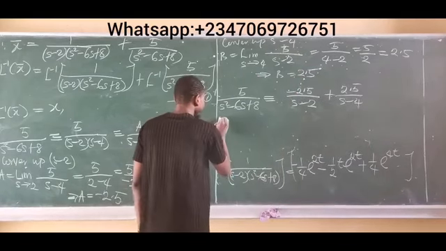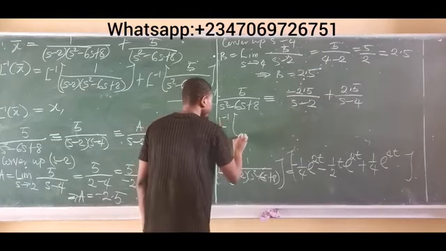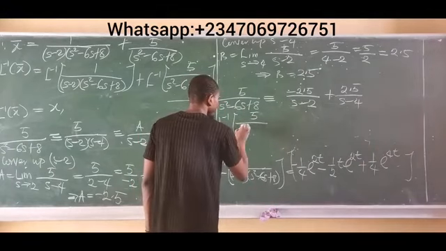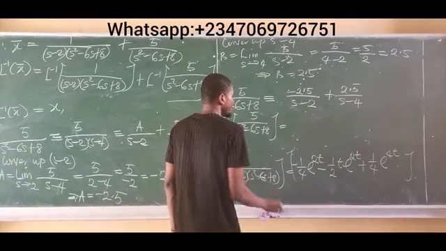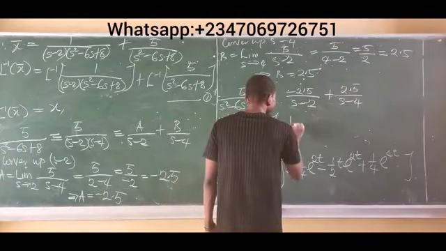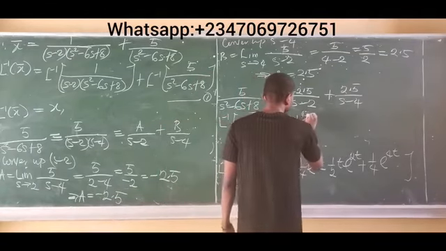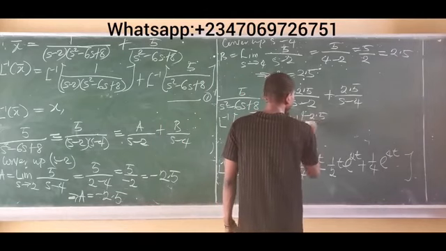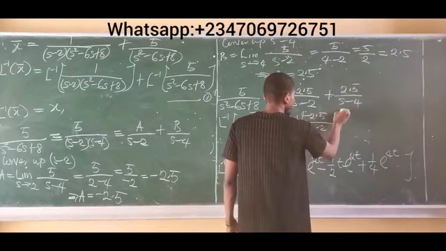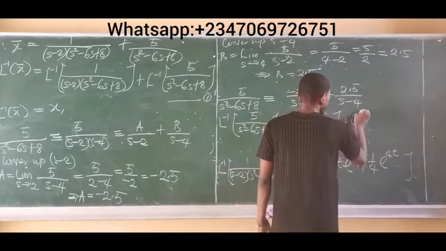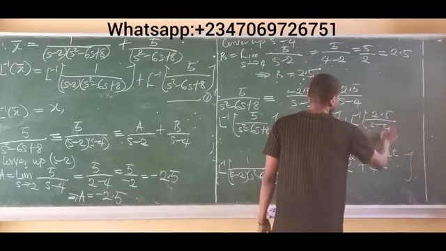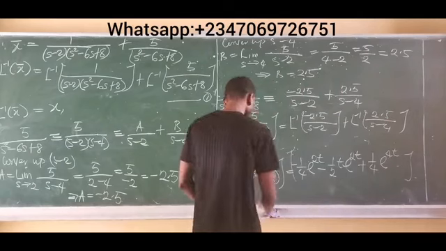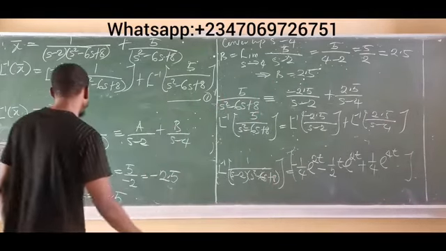Therefore, the Laplace inverse of this function 5 over x squared minus 6x plus 8 is equal to the Laplace inverse of minus 2.5 all over x minus 2 plus the Laplace inverse of 2.5 over x minus 4. Okay, so let's continue over here.